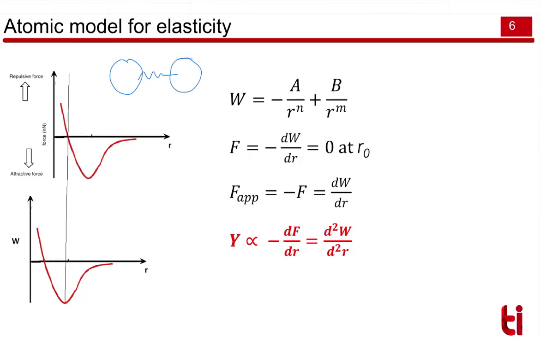Now this is the equilibrium position where the force of attraction is equal to the force of repulsion. If you apply a tensile load, the bond length will increase. If you compress it, the bond length will decrease.